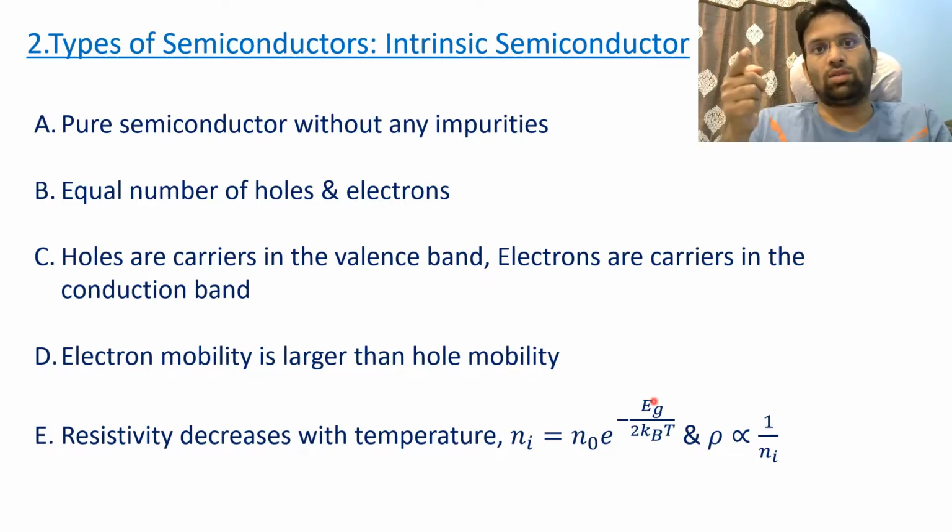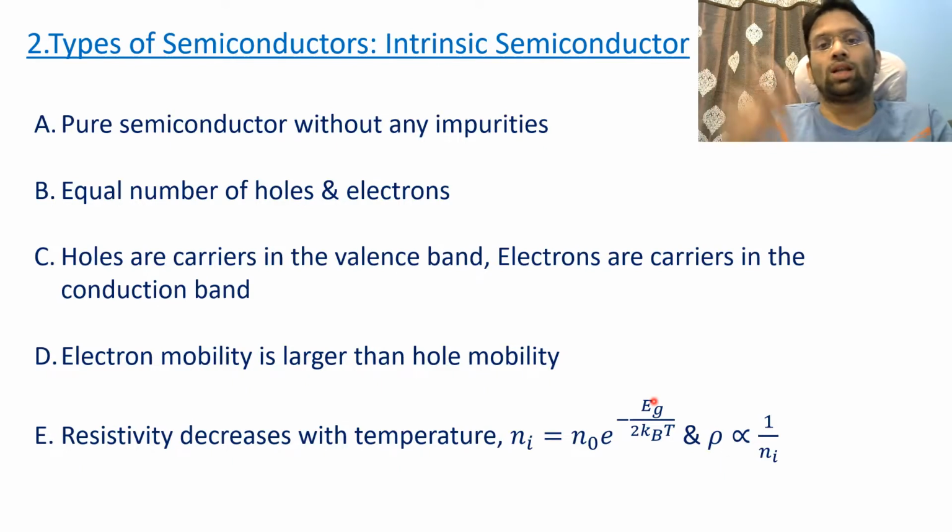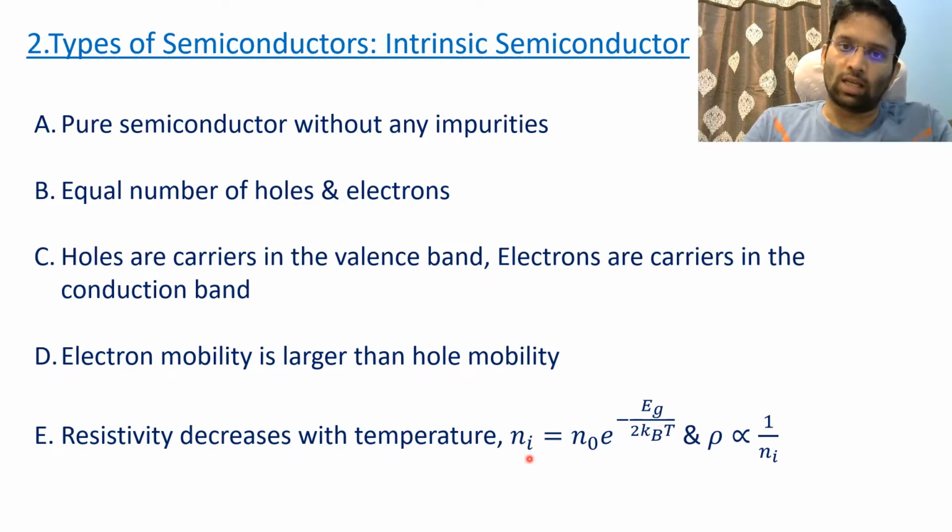So when negative exponents are taken, the closer you are to 0, the larger is the value, as you know. And therefore, as the ratio Eg by 2 kBT decreases with temperature, the exponent increases with temperature, or the number of intrinsic carriers increases with temperature.